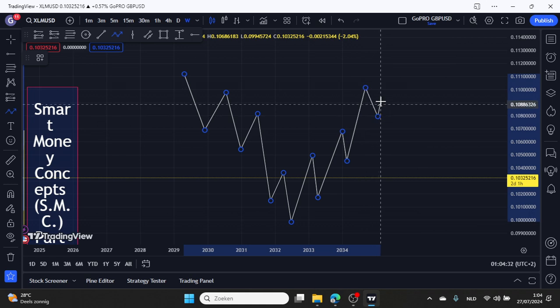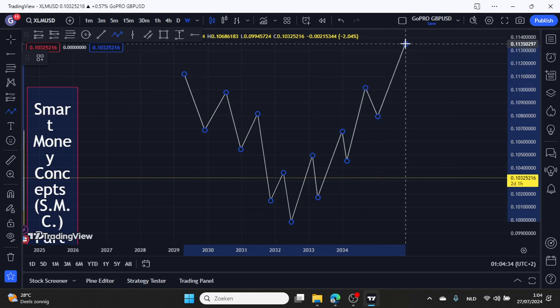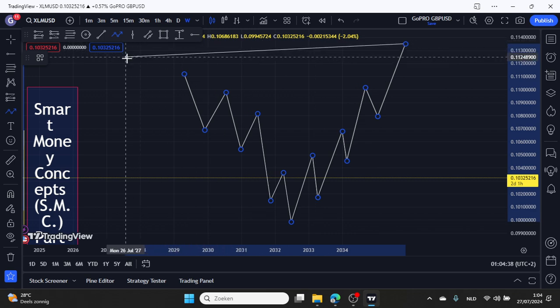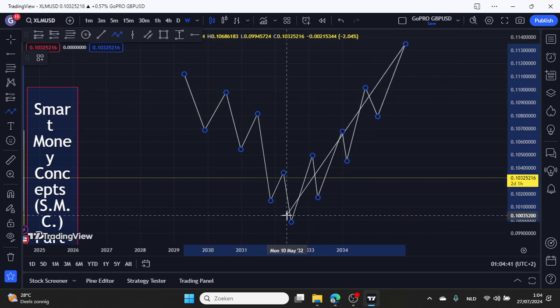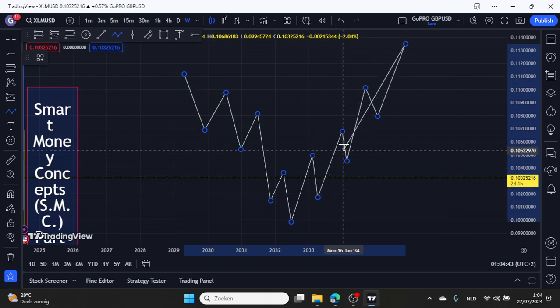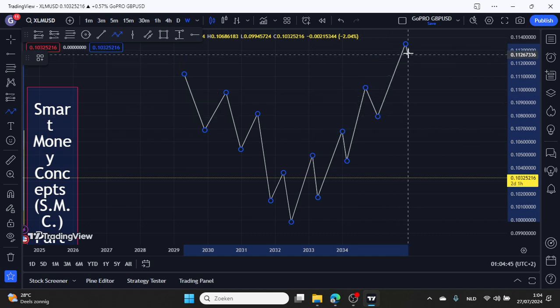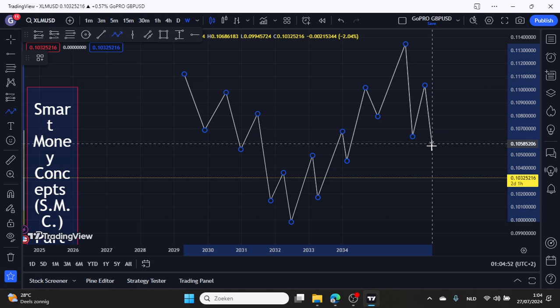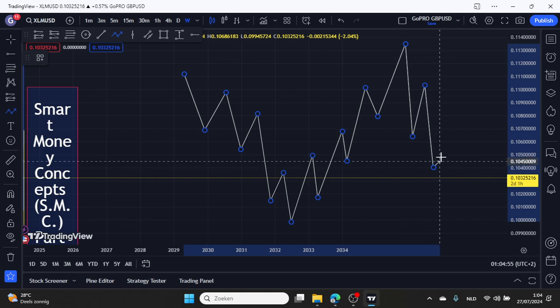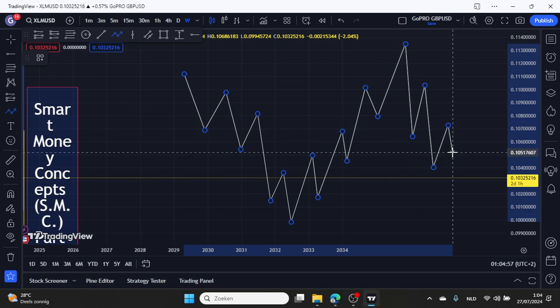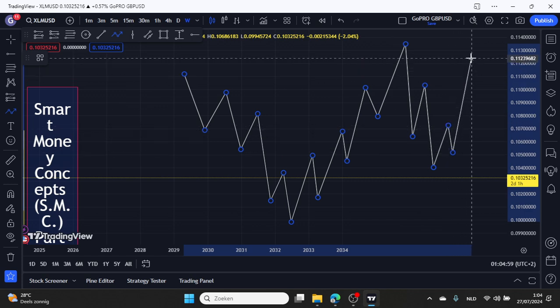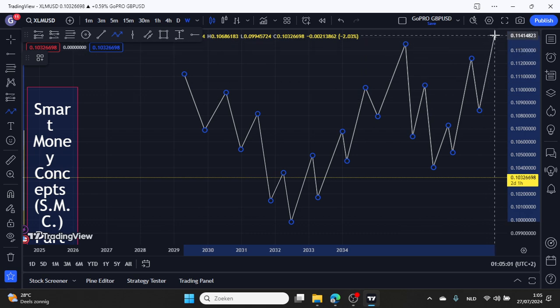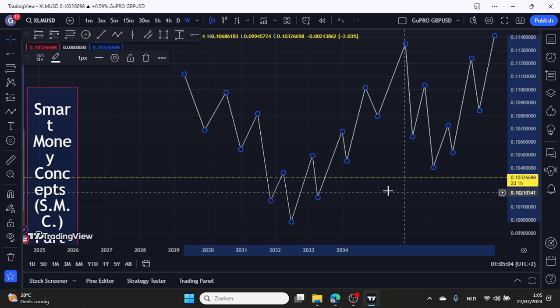Price breaks to the upside, sets a new high, grabs the liquidity above, and then, because this movement is a fractal of a higher time frame, price is going to retrace back into that liquidity, find its equilibrium, and then continue the trend to the upside again or break lower.